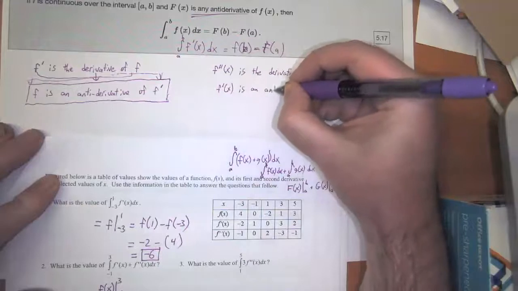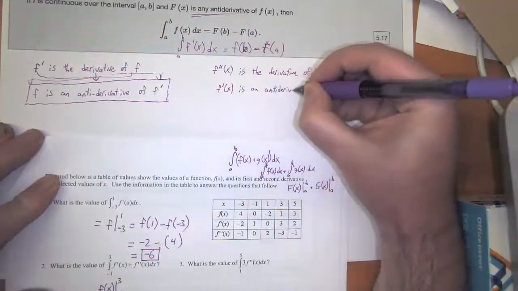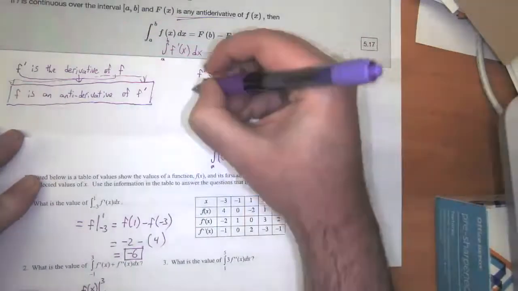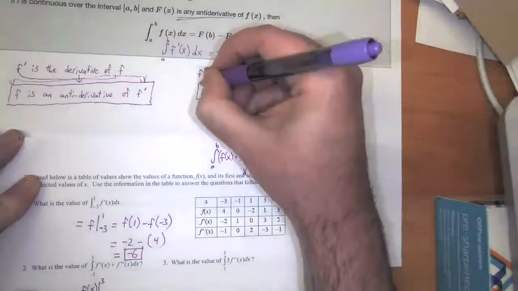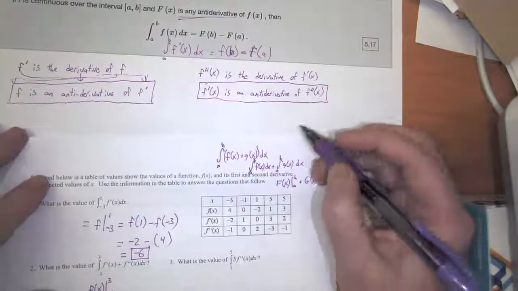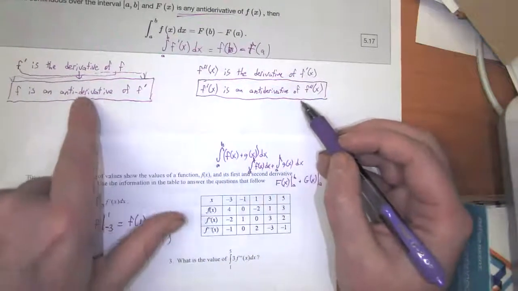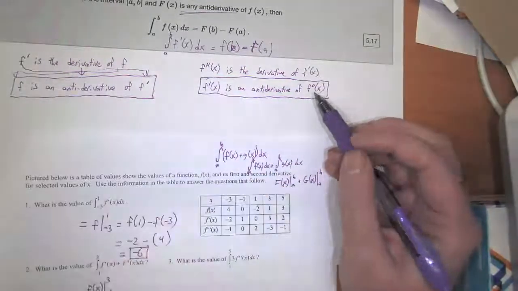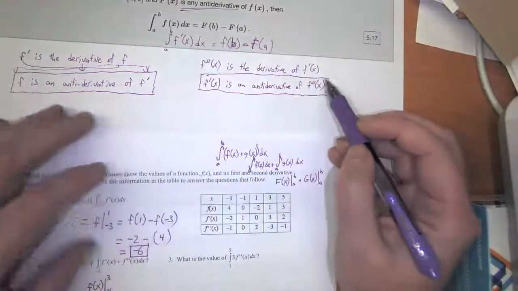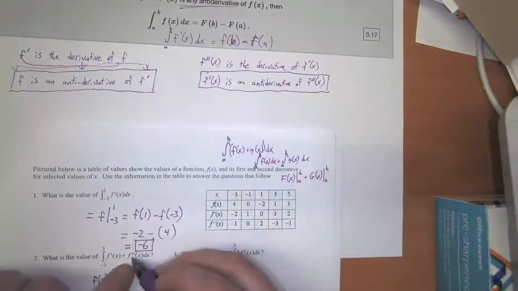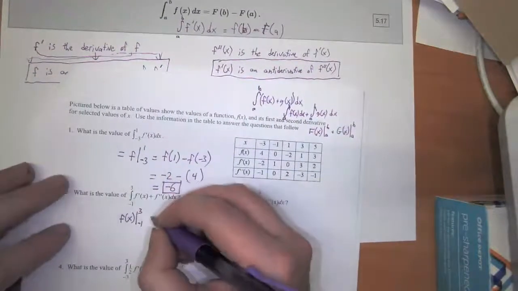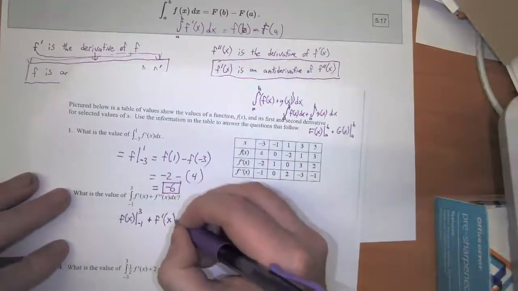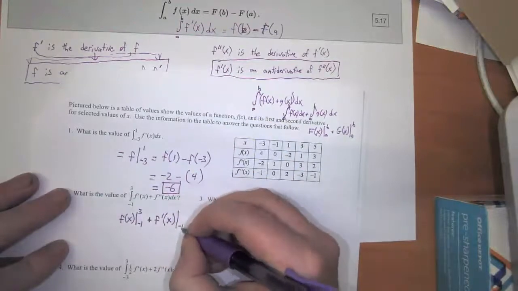Therefore, the first derivative is an antiderivative of the second derivative. You do not need to put this on a Post-it note and stick it on your bathroom mirror if you don't want to. As long as you remember this, you can understand that you just take one step up the chart to find the antiderivative of the second derivative. So the antiderivative of the second derivative is the first derivative. So we're going to calculate the first derivative of x, evaluated from -1 to 3.